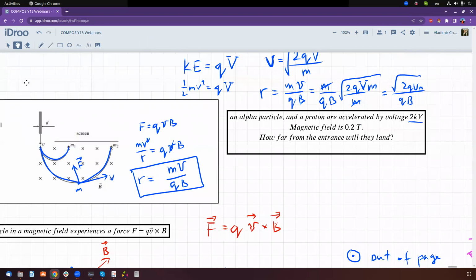And the distance from the entrance. So we have a small particle entering the magnetic field. It takes a radius, so it makes half a circle. So the distance is 2r. So how far from the entrance will they land?